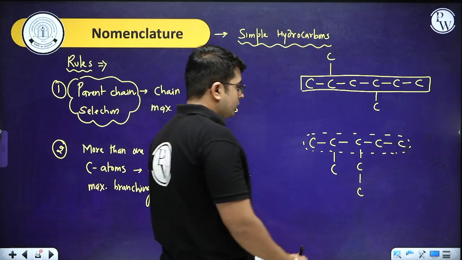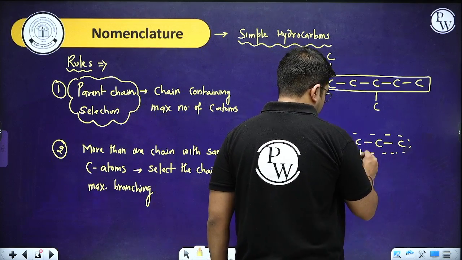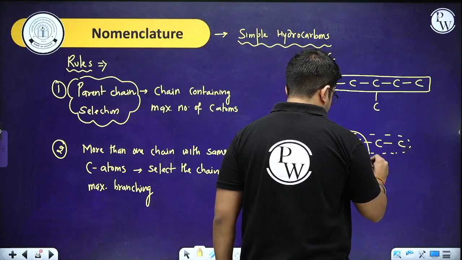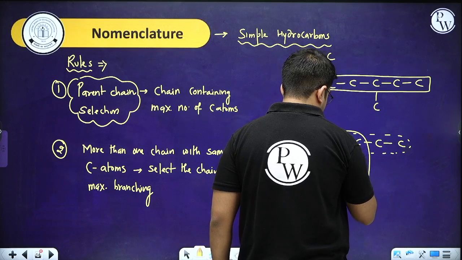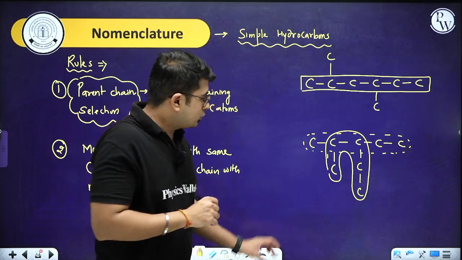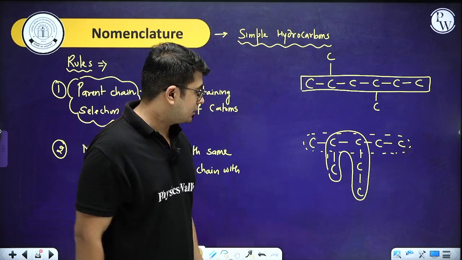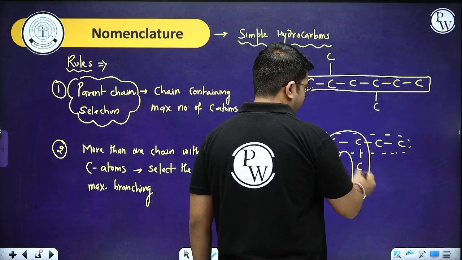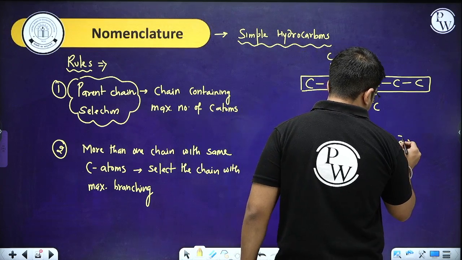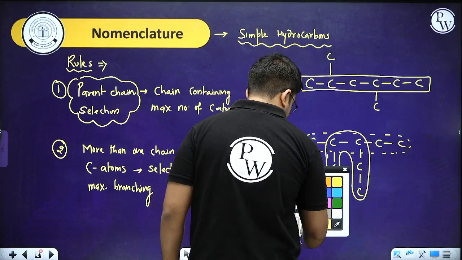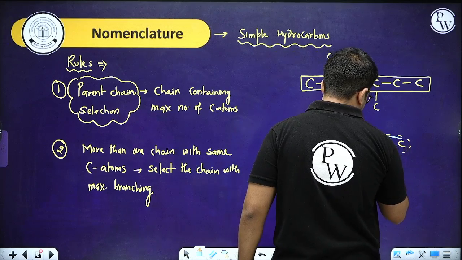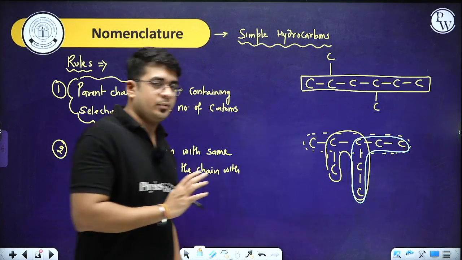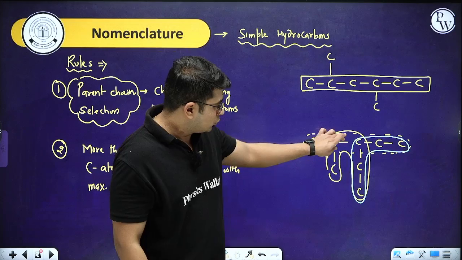Now let's say if I am using this chain 1 2 3 4 5, then again you can see 1 and 2 branching are there. Is there any other possibility? One more possibility, 1 2 3 4 5. If I am using this chain, again it has 5 atoms, but the problem is you can see only one branching.